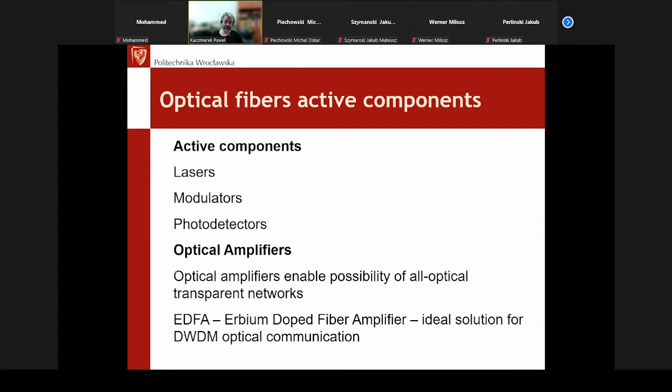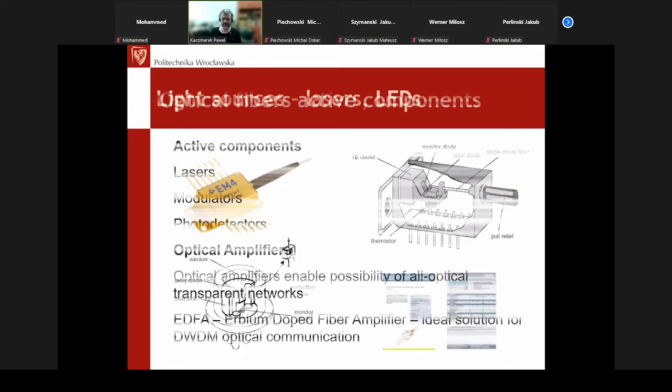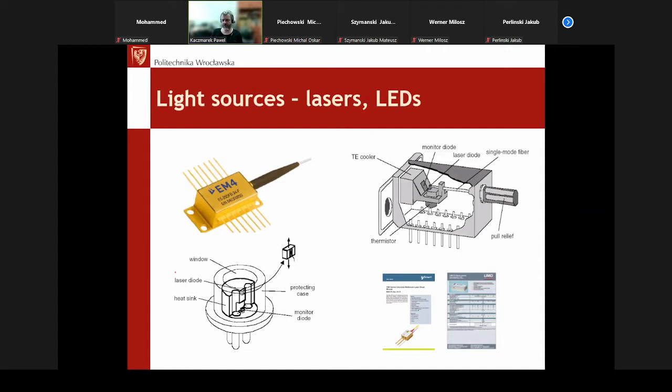Quite an important part of this laser is that there is an erbium doped fiber amplifier inside of the resonator of this laser. Okay, so starting from the light sources, of course, you know already that for fiber technology, in practice only semiconductor lasers are used.